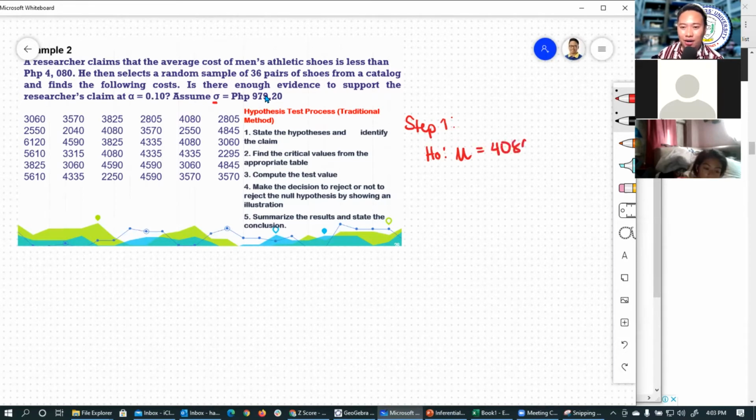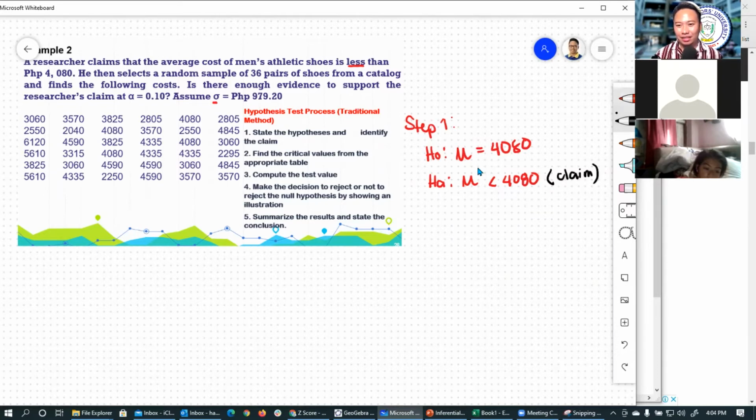Very good. And what's our alternative hypothesis? Kiana and Pia answered less than 4,080. Very good, guys, because of the less than. And which one of these two is the claim, null or alternative? Alternative? Yes, it is the alternative. So this is the claim, guys.